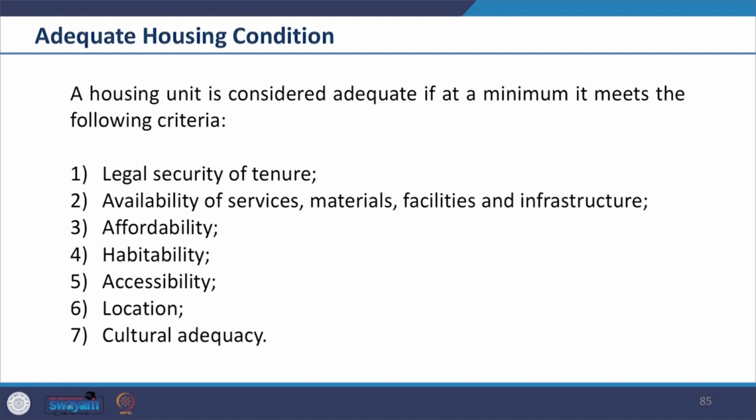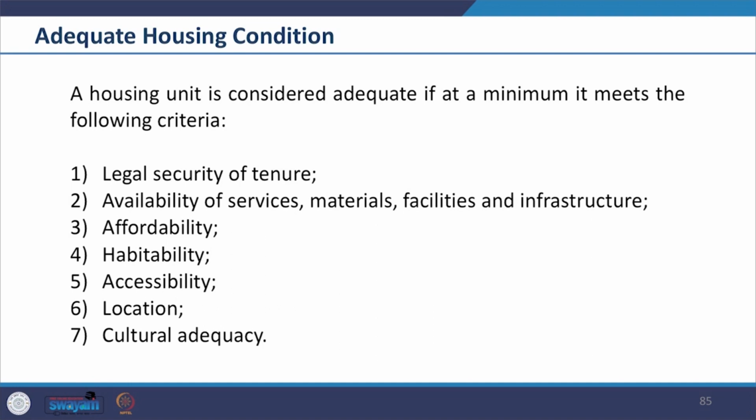Next we see is accessibility, as a house is not adequate if the specific needs of a disadvantaged and marginalized groups are not taken into account, such as the poor, people facing discrimination, persons with disabilities, victims of natural disasters. So, it should be accessible to them. They should be able to avail those facilities.